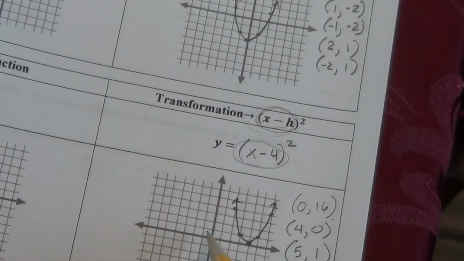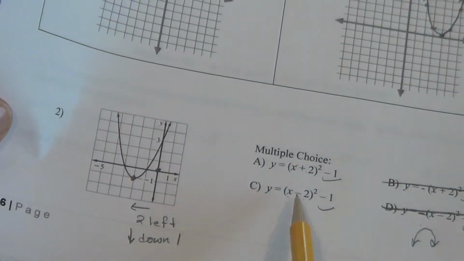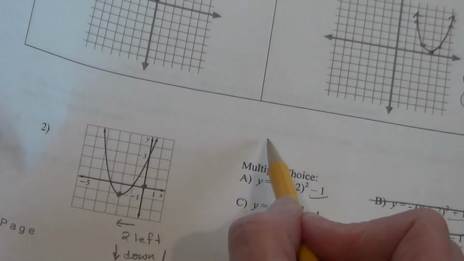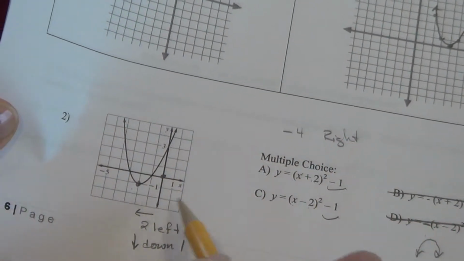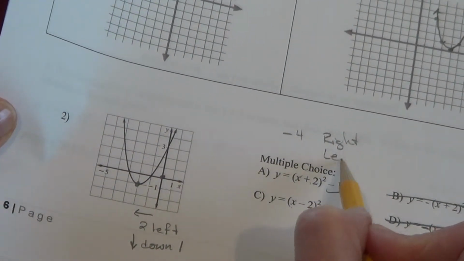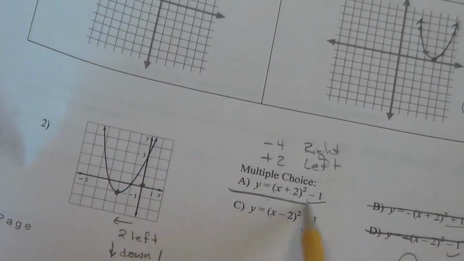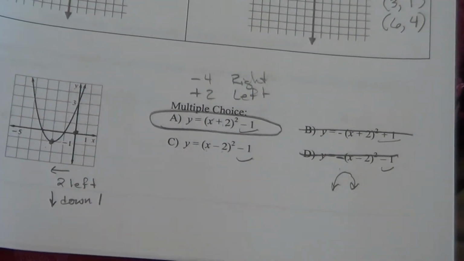When it was -4, it went to the right 4. Well, we're going to the left. So if -4 made it go right, then I would guess that if we want to go left, we need to have a +2. That's a guess right now because we haven't learned it, but it might be a good guess.